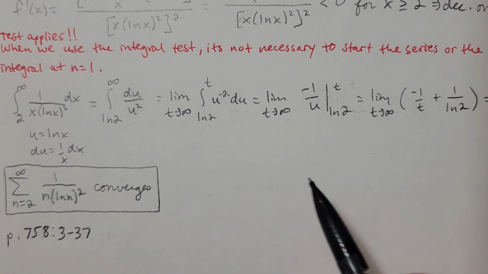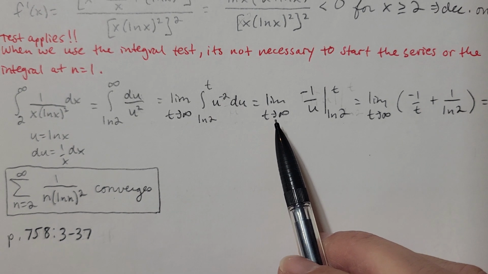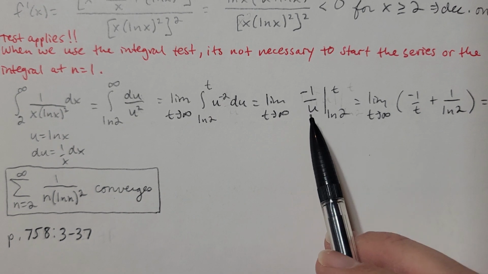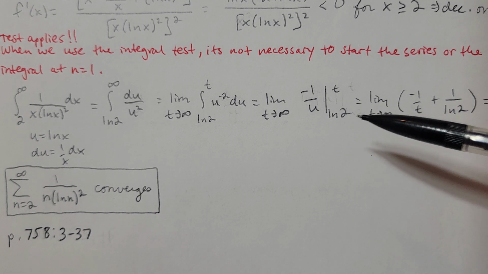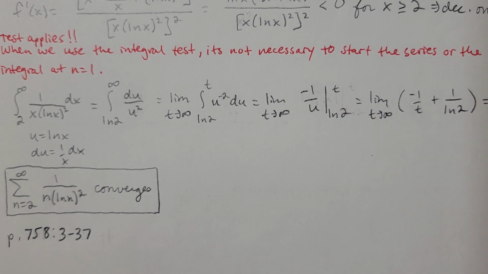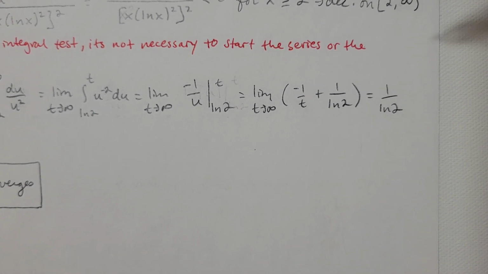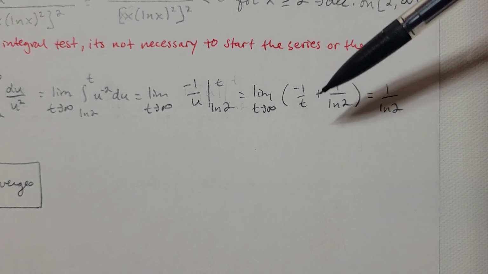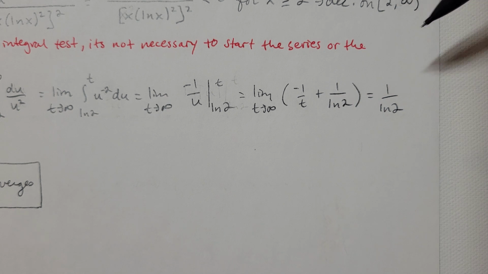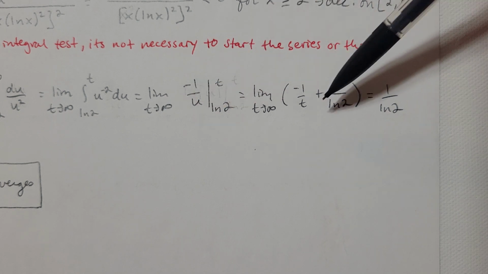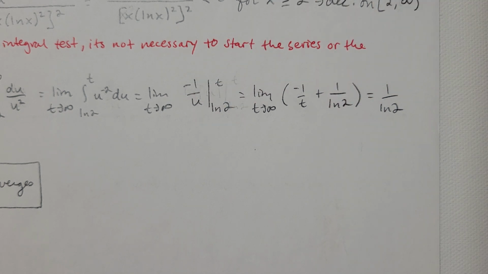And so that would be the limit as t approaches infinity of negative 1 over u, and you're evaluating this from the ln of 2 to t. So then when I plug in my bounds here, I get the limit as t approaches infinity of negative 1 over t, and then minus a negative means plus 1 over the ln of 2.